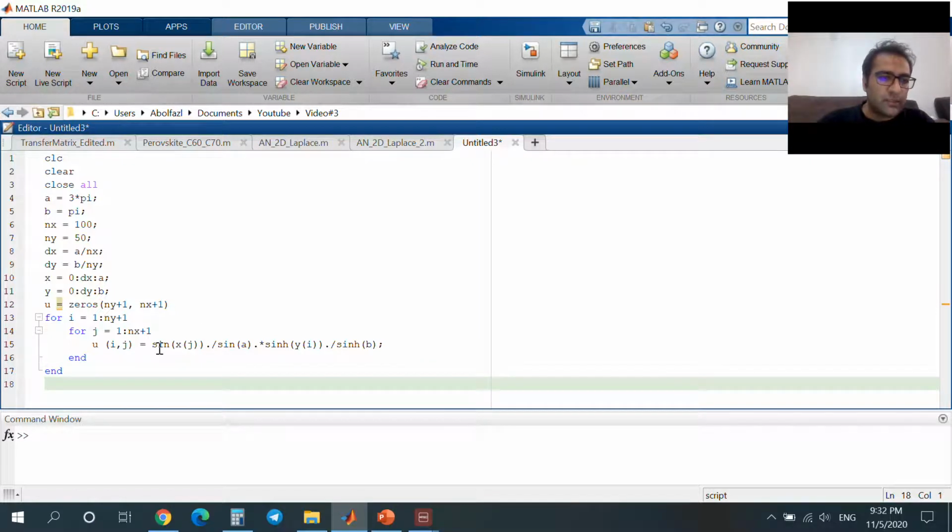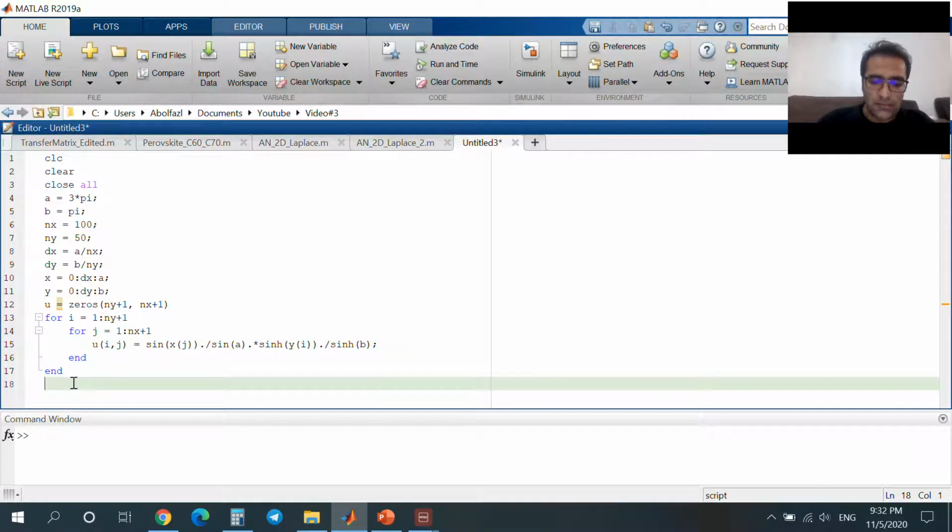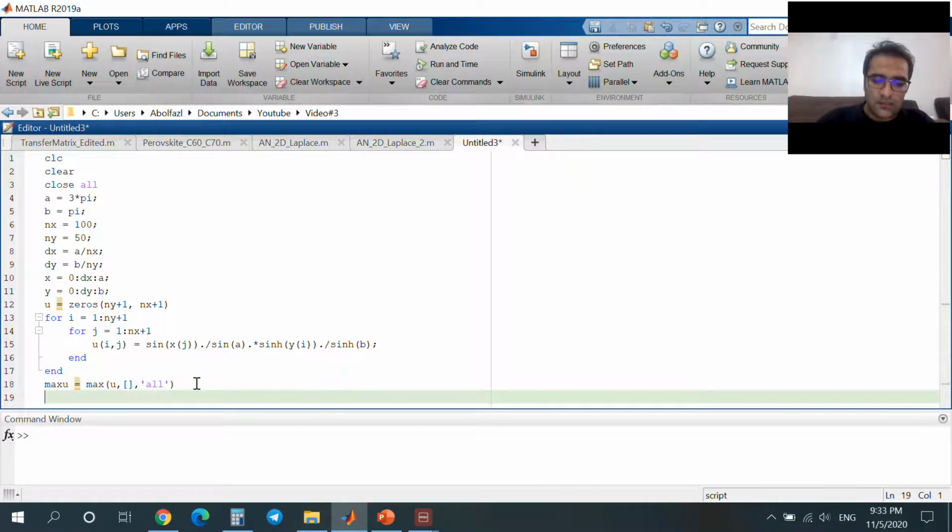And I want to plot this function. I want to do it in a normalized mode. I mean, I find the maximum value of u and call it max u. Max u is just the max of our matrix, with an empty bracket, over all rows and columns, and I define normalize u to become u divided by max u, right?